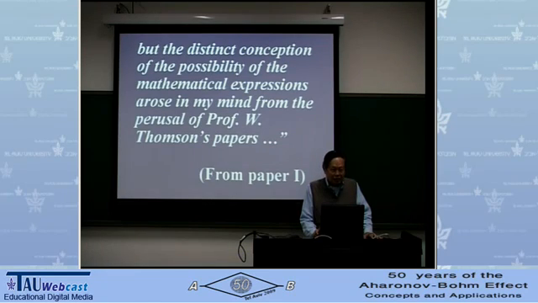So he was afraid that Thomson might take offense. That's why he made the statement. But in Thomson's papers, although there were extensive uses of the vector potential, Thomson never linked that with Faraday's ideas of the electrotonic state. So the credit should go to Maxwell 100%.